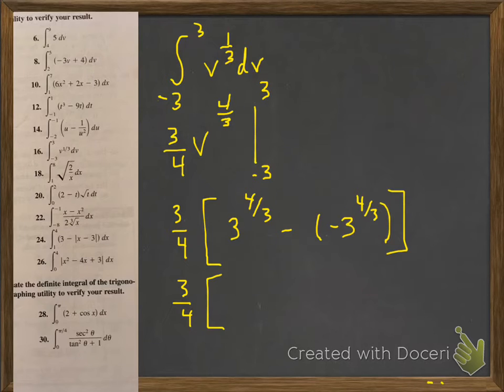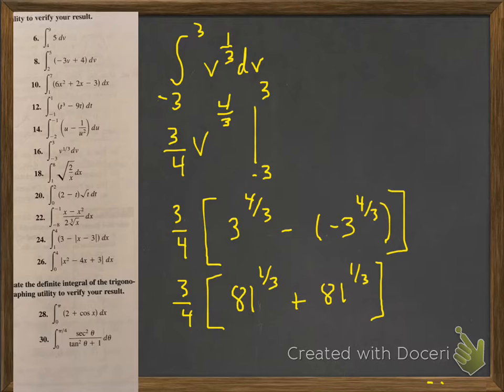3 to the 4/3 means 3 to the 4th, which is 81, the third root of 81. Minus a negative is plus the same thing. The third root of 81: is there a number that you can multiply together 3 times to get 81? And if there isn't, you can use your calculator, which is what I'm going to do.